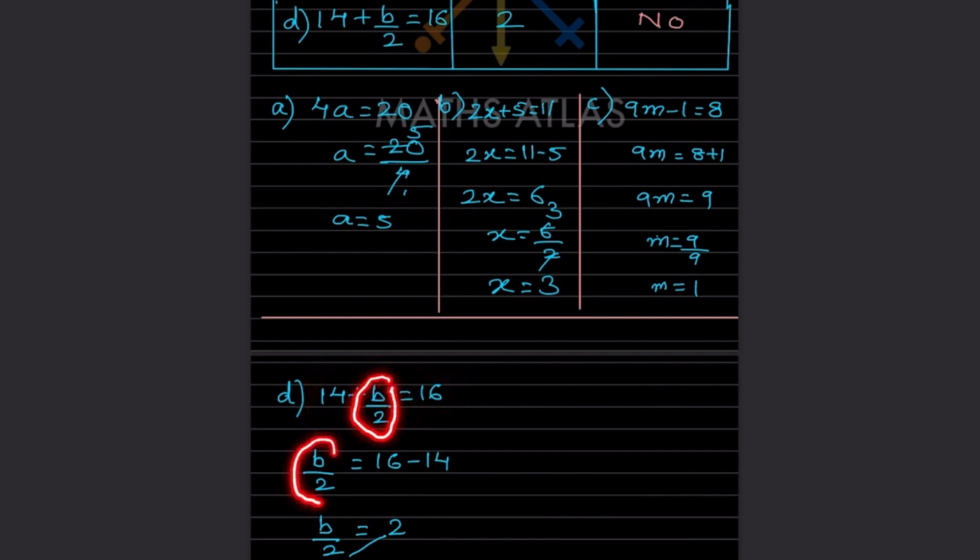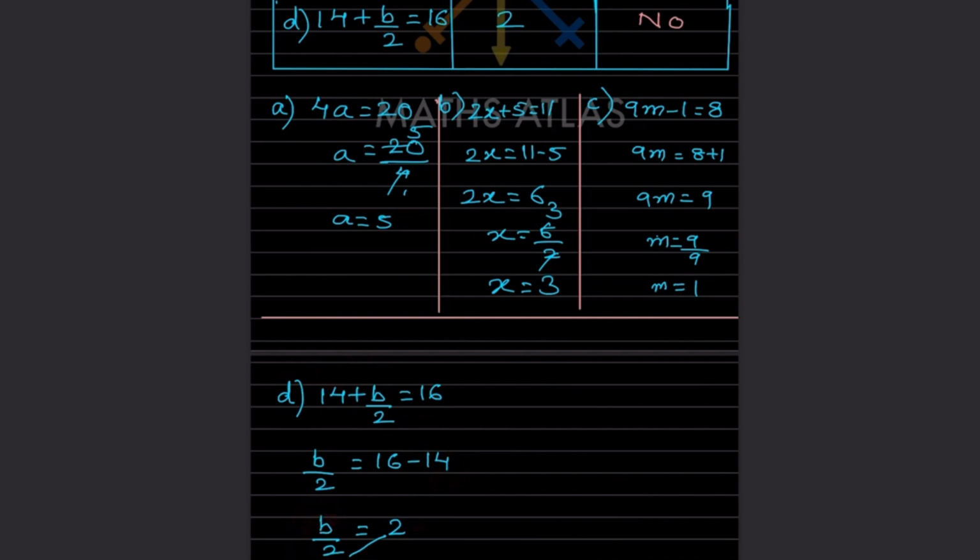Now see here, right hand side 16 as it is. Now this thing I am taking on the right hand side, because actually it is only 14 at the start. Means nothing at the start means always it is positive. So here we are going to change the place of this one. So it becomes minus. Clear? Now here b by 2 becomes 16 minus 14 is 2.